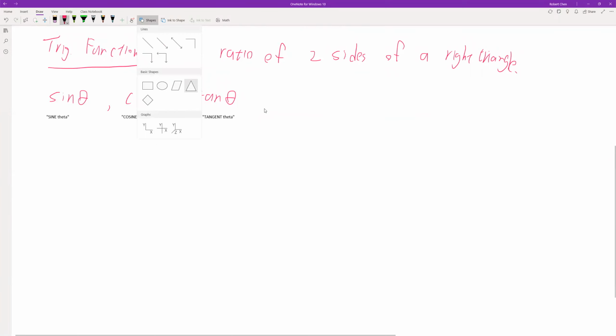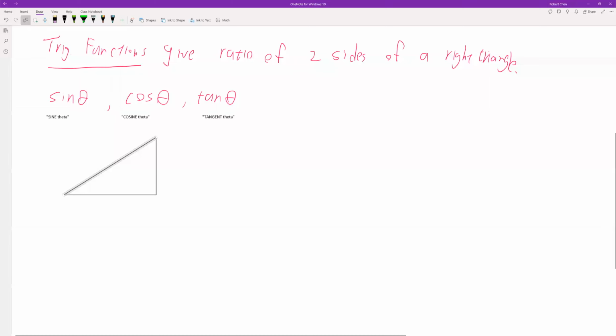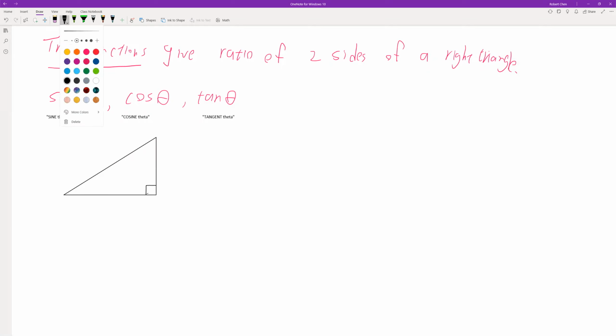Let's say we have something like this. So here we have a right triangle, and let me note that this angle is the right angle. And by looking at a right triangle, we also need a reference angle. Let's say this angle right here is our reference angle, theta.